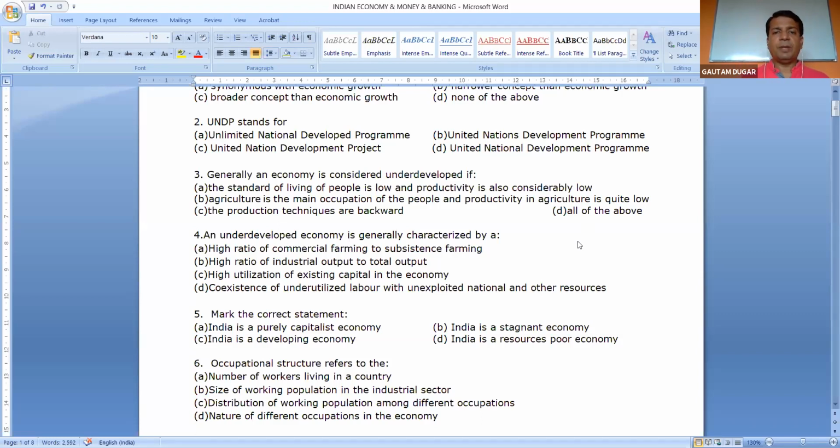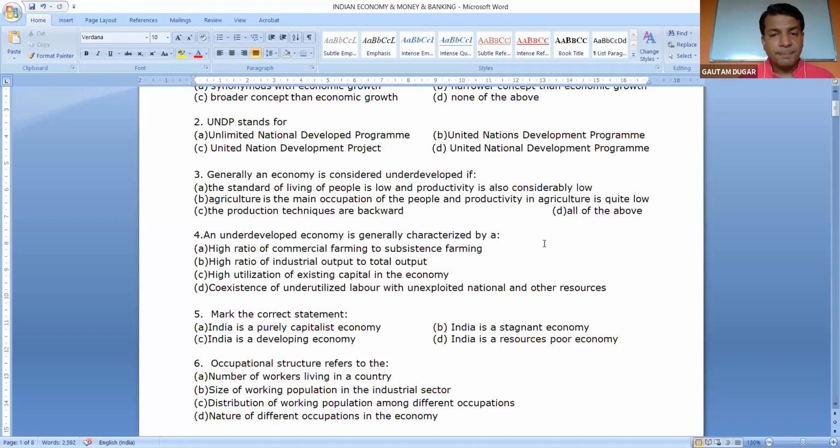High ratio of commercial farming to subsistence farming. Obviously not, because in an underdeveloped economy we have more subsistence farming, that is, farming done just for self-consumption. High ratio of industrial output to total output. That is also not right, because in an underdeveloped economy we have more primary output coming from primary industry.